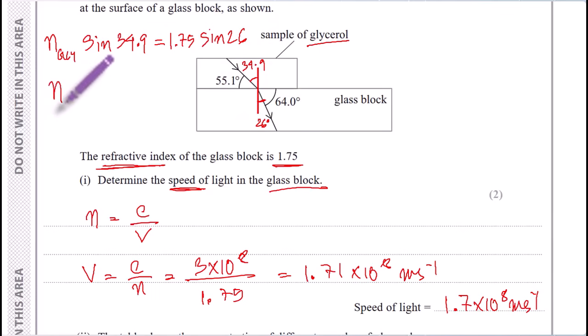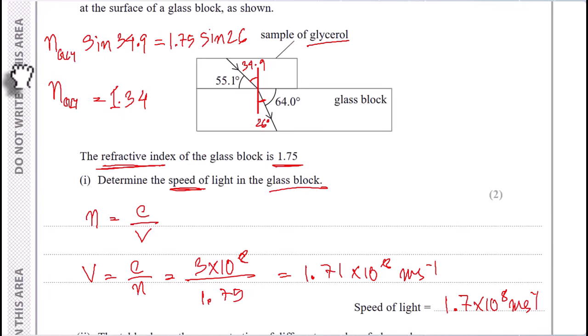So what you do is you find the refractive index of glycerol. The value I got is 1.34. Always remember, refractive index doesn't have a unit.